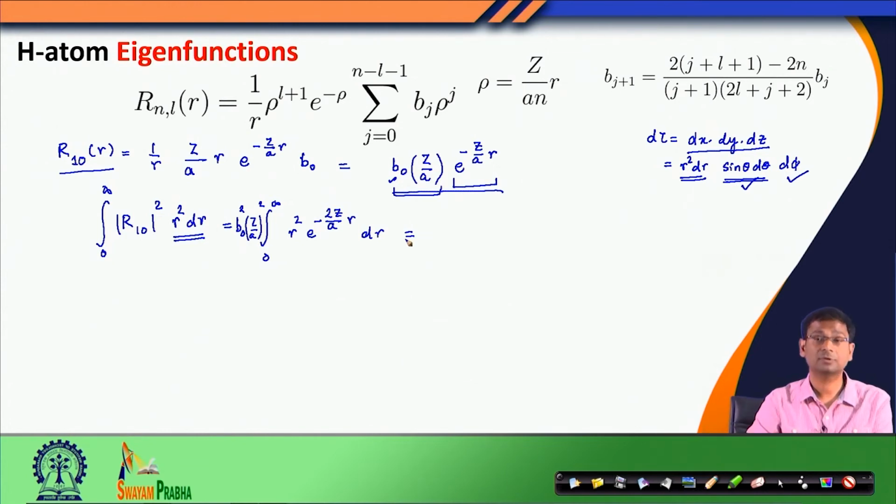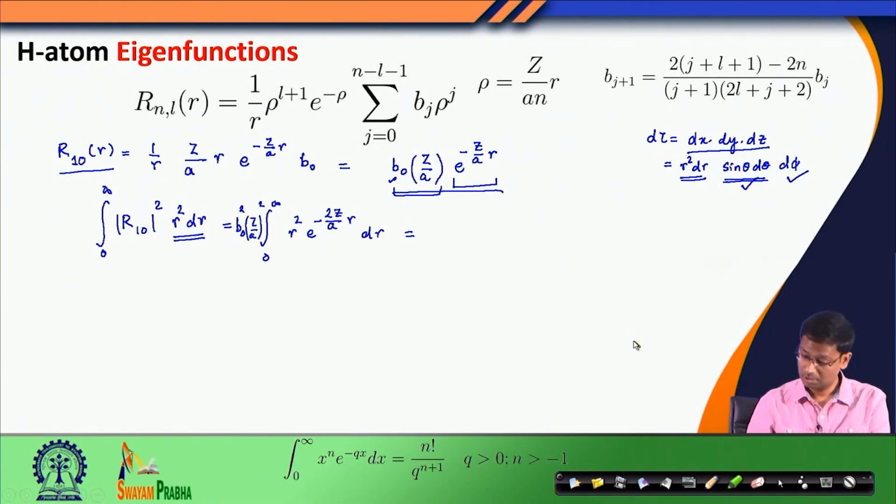Now, we have to solve this integral. To do that, we will take help of a relation: when I have a function x to the power n e to the power minus q x, the result of the integral is simply factorial n divided by q raised to n plus 1, where q has to be positive.